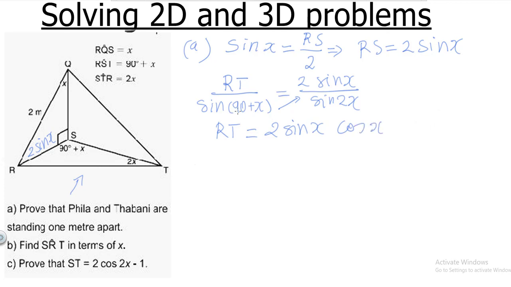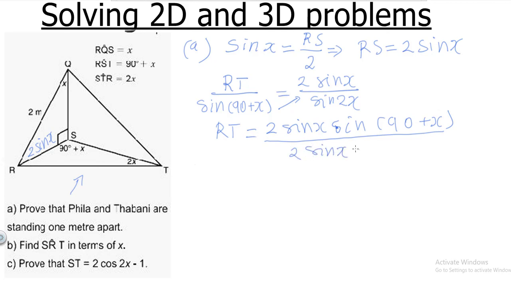Why? Because sine 90 degrees plus x changes to cos. Okay, for you to understand, let me do this. We have 2 sine x multiplied by sine of 90 degrees plus x, all over sine 2x, which will be 2 sine x cos x.